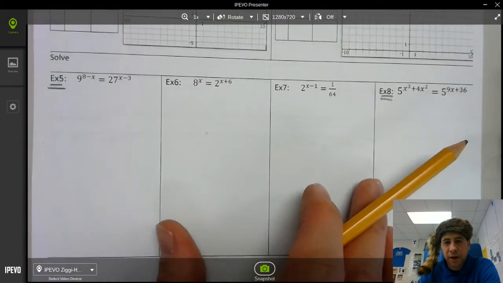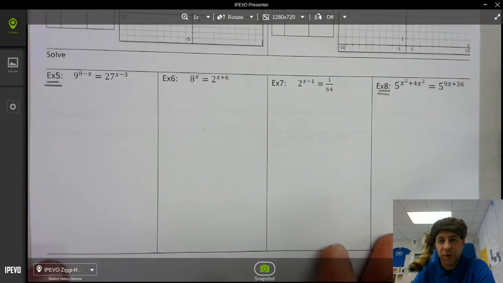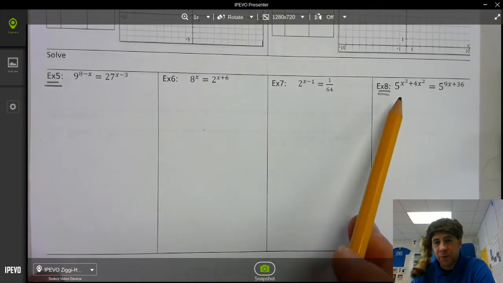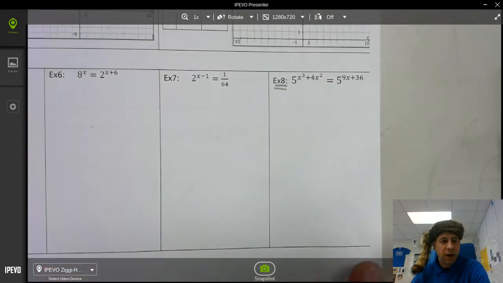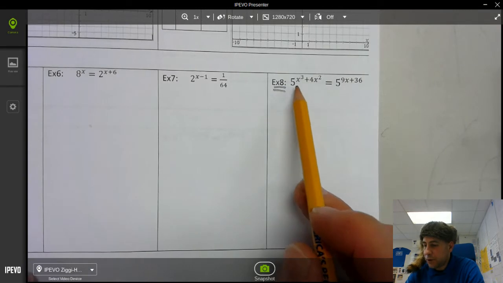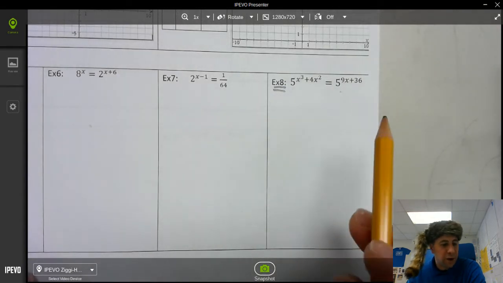All right. And again, the order is kind of all jumbled today, but we're going to save some trees and just go with it, okay? And I think we should talk about example 8 first, then example 5, okay? Now, looking at the ways, we see that this is going to be solving algebraically with the same bases, okay? So way 1. We notice in example 8 that we have the same bases, okay? So in step 1, we're going to rewrite each side with the same base.